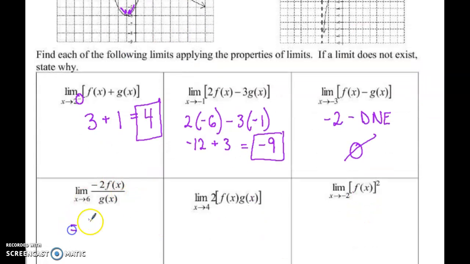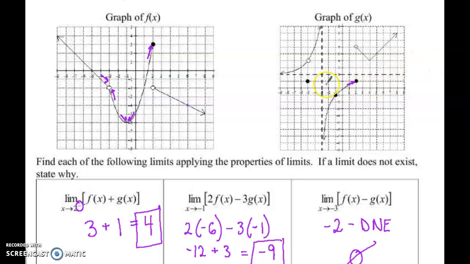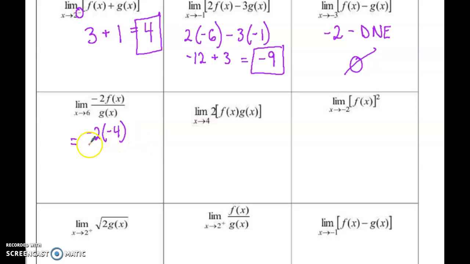So what we have here is -2 times -4, and g of x as x approaches 6. 1, 2, 3, 4, 5, 6. Looks like it's up to 6. And as I'm looking at that, just make sure you do a negative times a negative is positive, and then reduce that fraction, ideally 4/3.